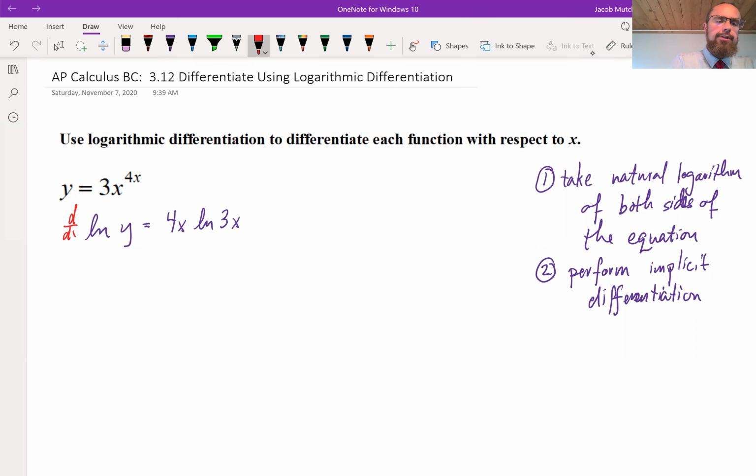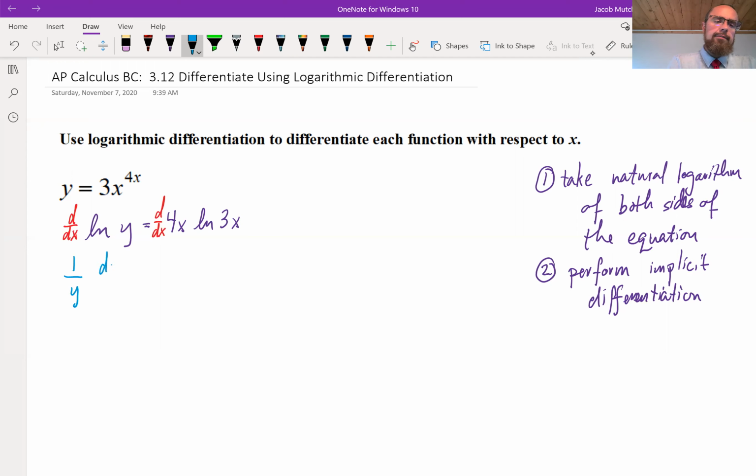We're going to differentiate with respect to x of ln y, and also of the right side, 4x times the natural log of 3x. Once we simplify that differentiation, on the left, the derivative of the natural log of y, or we could think of it as u, would be 1 over u. So I'll just use 1 over y.